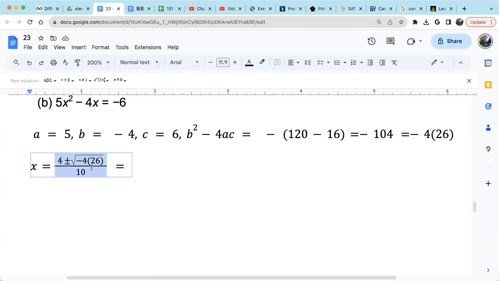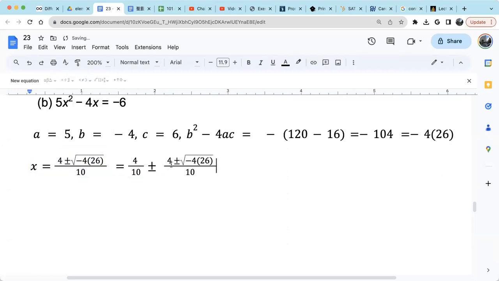I'm going to copy, paste and change. So I get a 4, then I got a plus or minus. I'm just writing, splitting those two numerators.